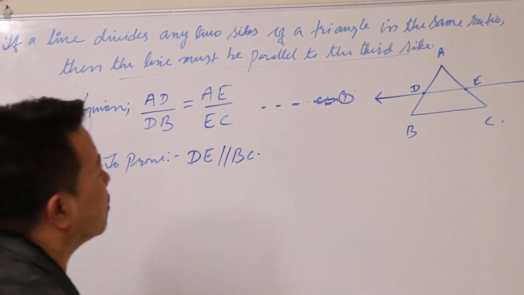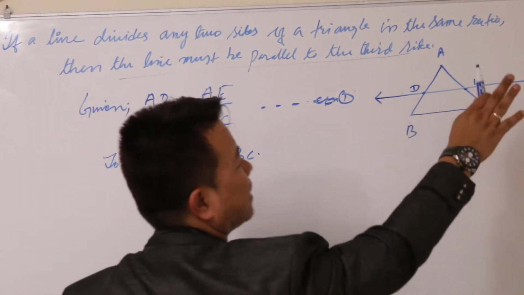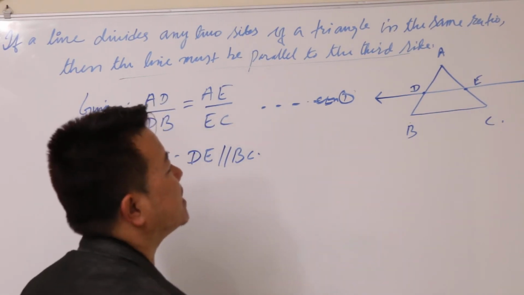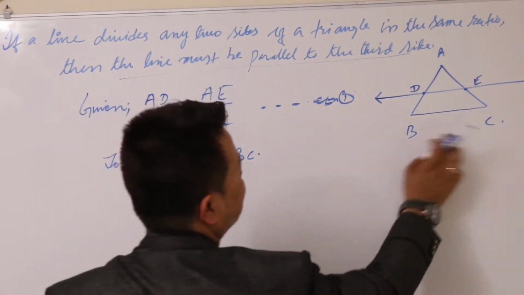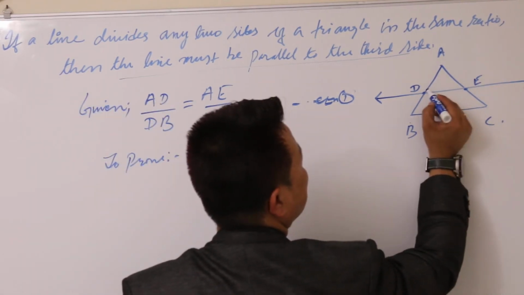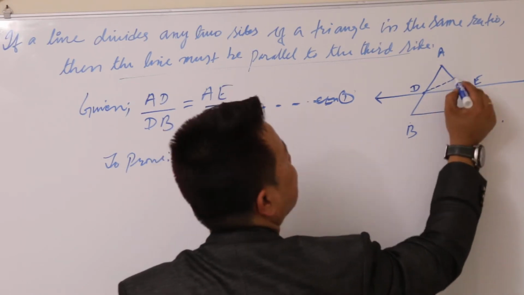Now you have to make one small construction here. As you know, DE is any line, not necessarily parallel to the third side. So let's draw an imaginary parallel line to BC. From D you can draw a line parallel to BC and name its endpoint E dash.